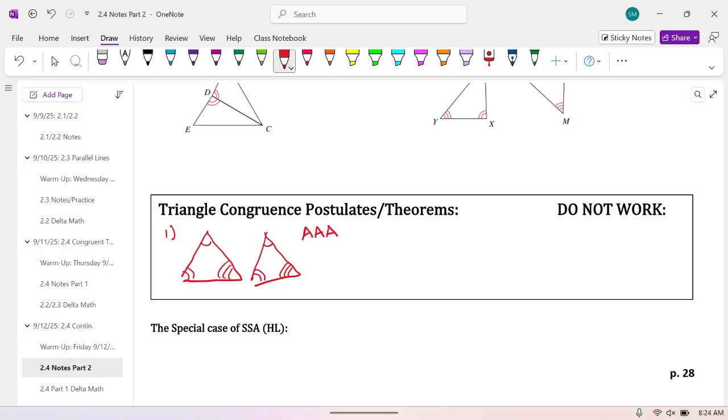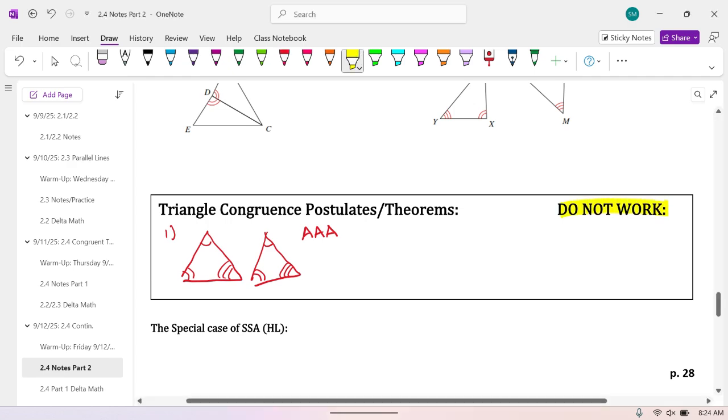That's the first postulate that does not work. Because remember what I just said about that. Even though we know all three angles are congruent, without a congruent side, we have no clue if they are the same size or not, right? Because dilations do exist.